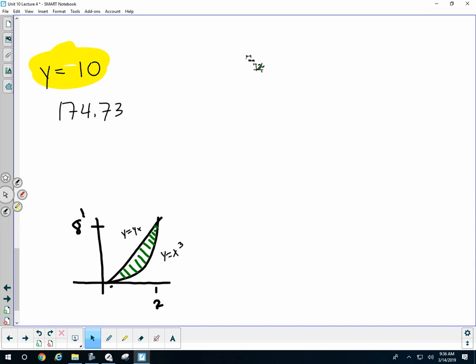Y equals is a horizontal line. If you draw your reflection and draw your cylinders, you should be able to get this.